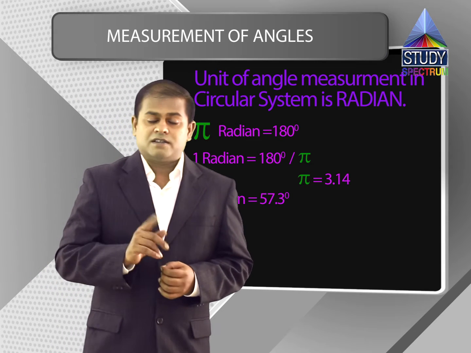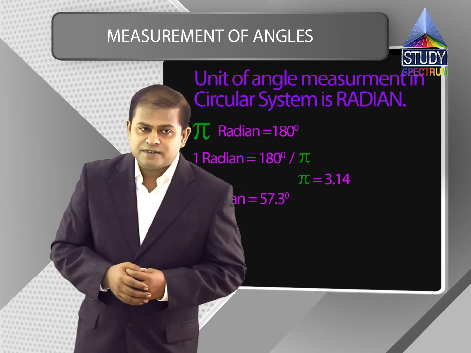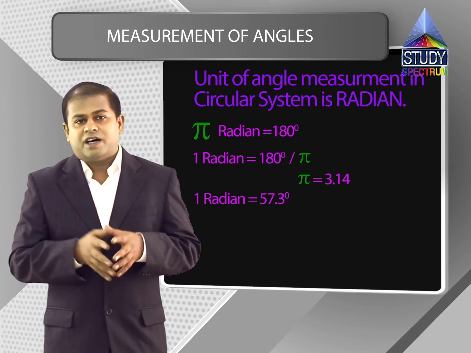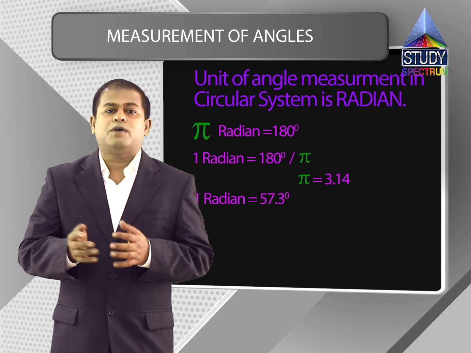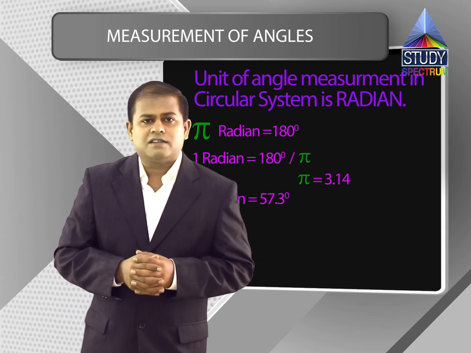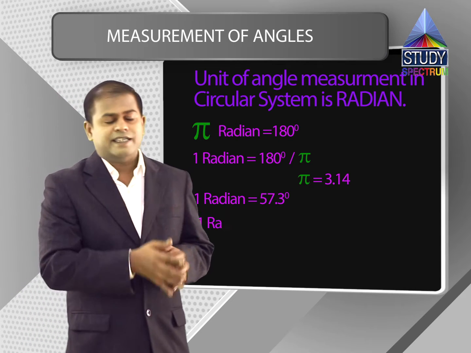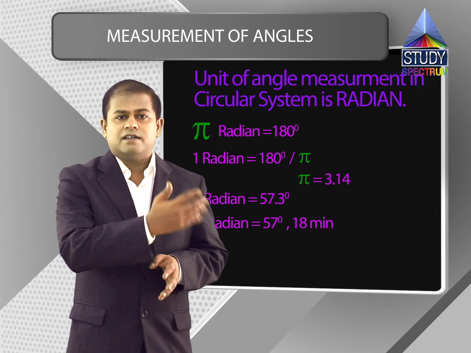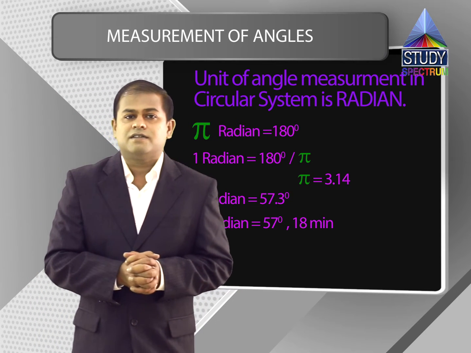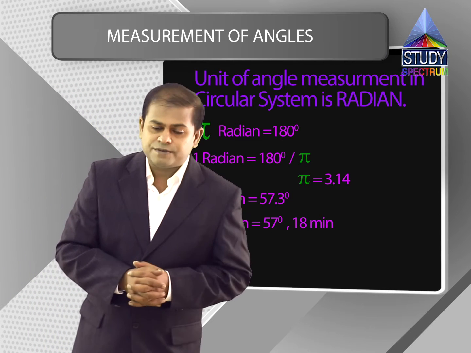And remember, this is an important conversion. You will need this approximation in physics also. So one should remember 1 radian is approximately 57.3 degrees, that is approximately 57 degrees 18 minutes. So 1 radian in the sexagesimal system is measured as 57 degrees and 18 minutes approximately.